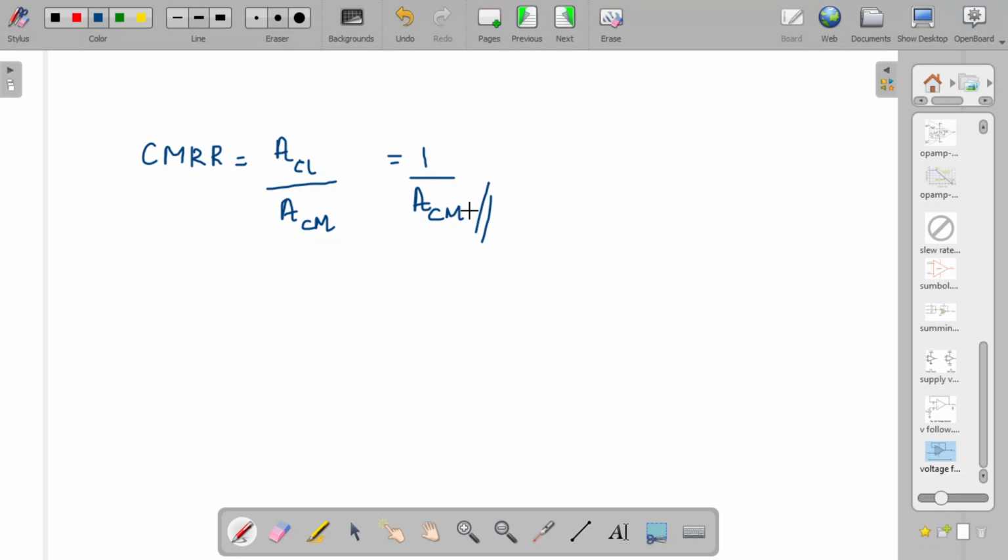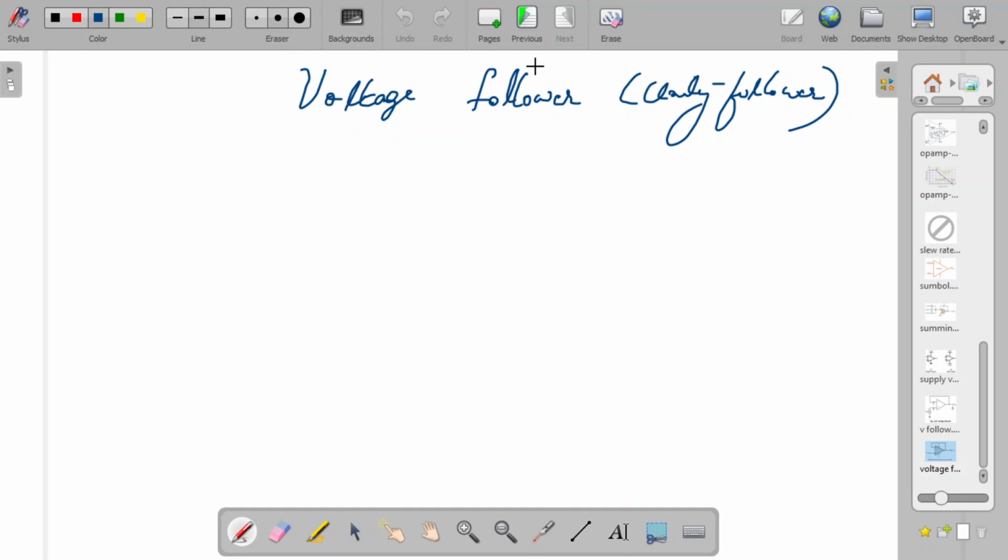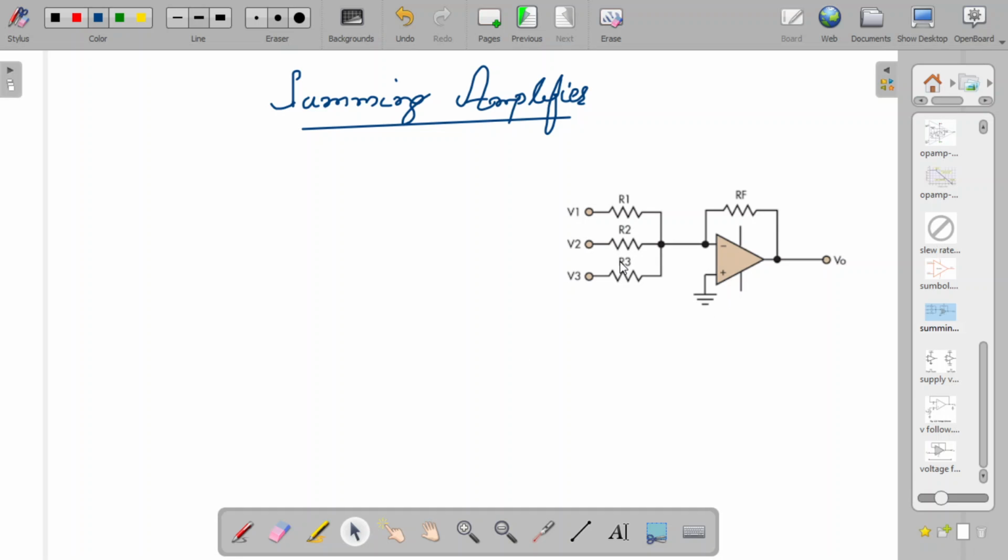So this is all about the voltage follower, and now we are going to learn about the summing amplifier. Here I have shown the circuit diagram of a summing amplifier, where an inverting amplifier is made into a summing amplifier. You can also use non-inverting amplifiers as summing amplifiers, but here we are only learning the inverting amplifier being made as a summing amplifier.